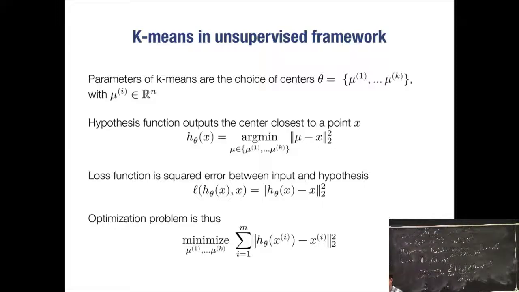So what we're minimizing is the sum of the distances between the closest mean and the actual data points over all the data points in our training set. And importantly, we're minimizing here over the means. Does this make sense?